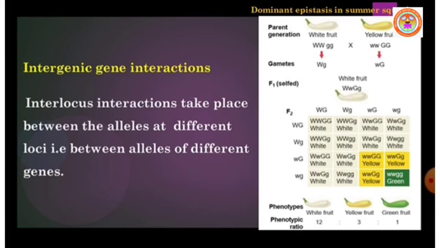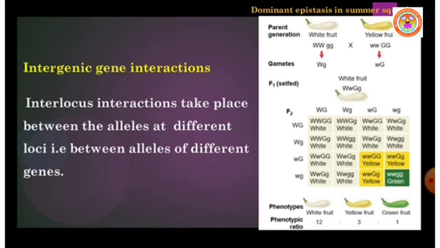Now see the condition, page number 45 in your book. Since the W is epistatic to alleles of capital G and small g, white, which is dominant, masks the effect of yellow or green. The homozygous recessive small w genotypes only can give colored fruits, 4/16 out of 16.